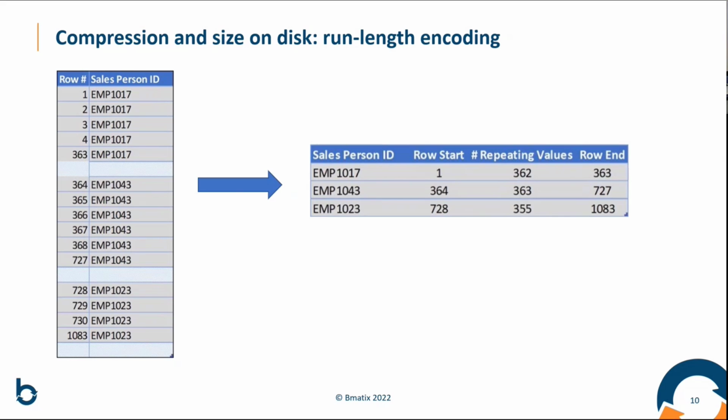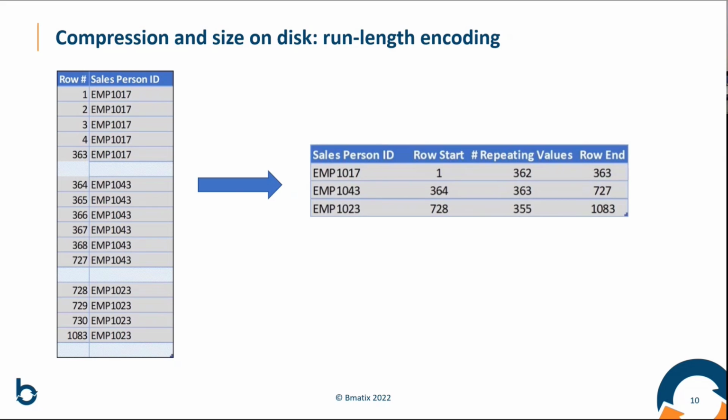As we can see, if this is done correctly, the end result table only has 3 rows and 4 columns, while the original column that is compressed under the form of this table has more than 1,000 rows.